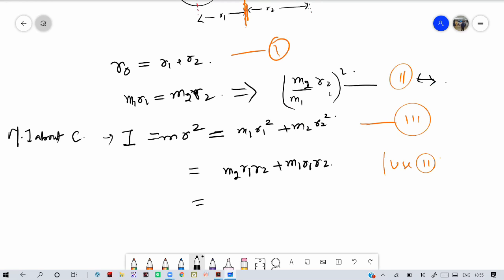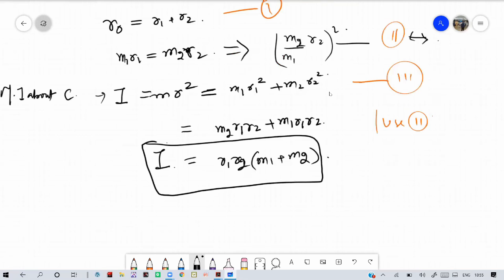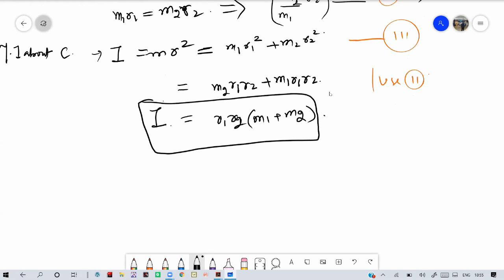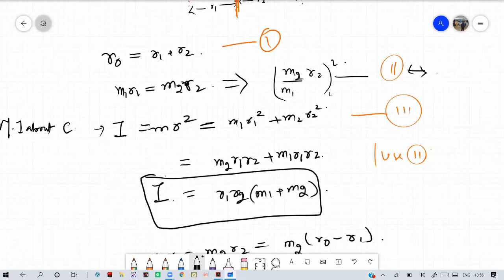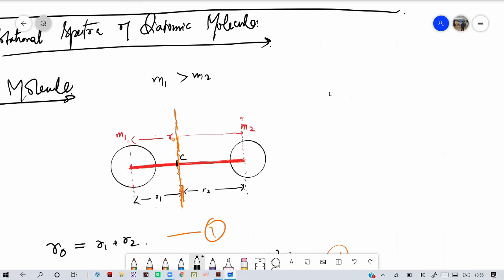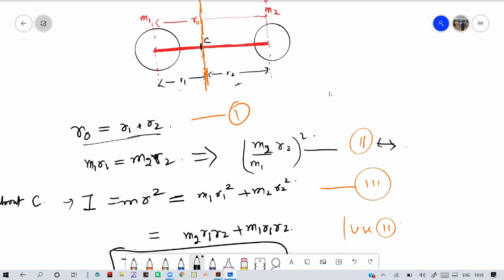If anybody has any confusion, they can let me know. Also, we know that r2 is r0 minus r1, or simply from equation 1 here.